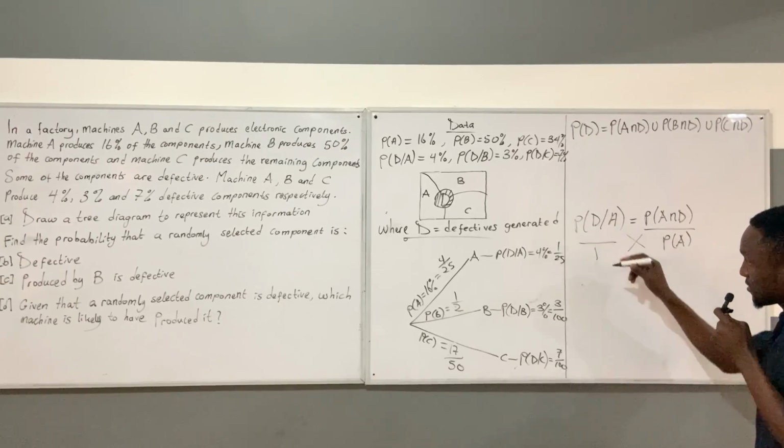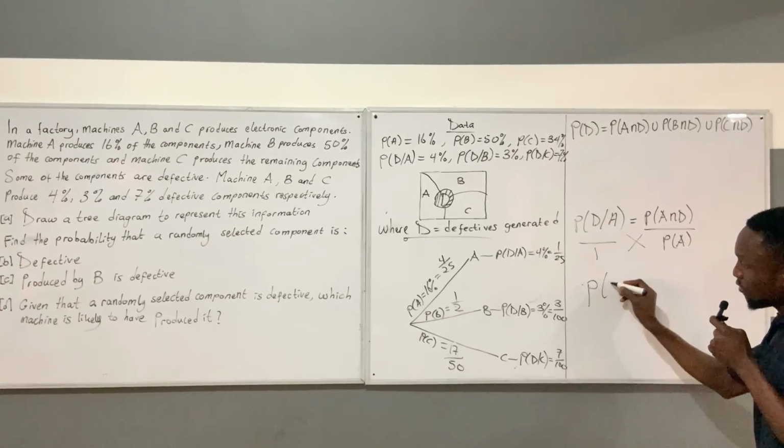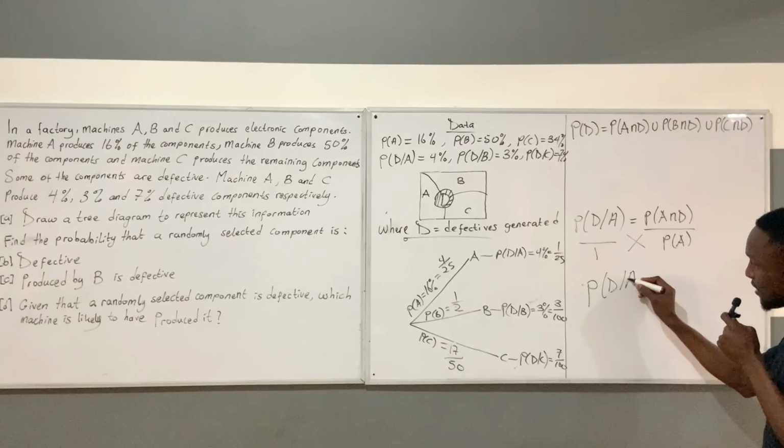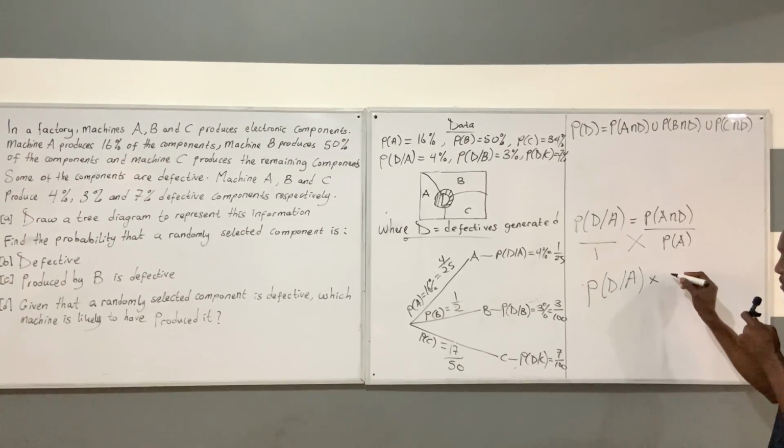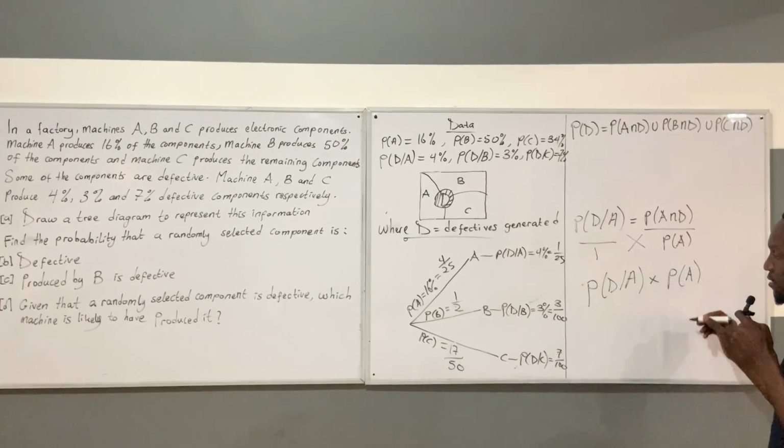This multiplies this. So I have probability of D as A has occurred times the probability of A.